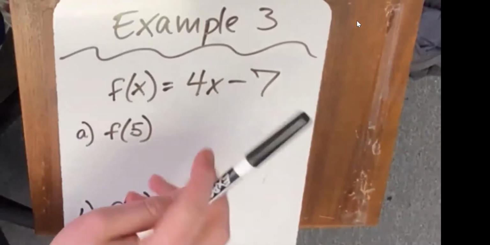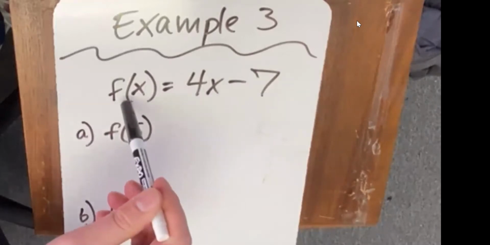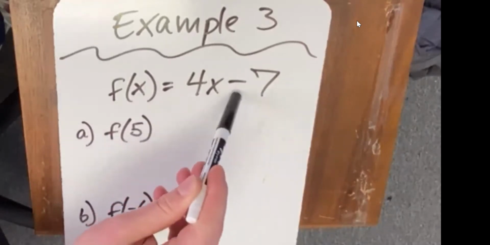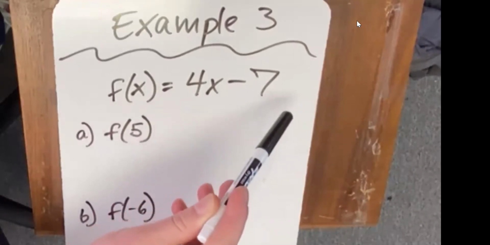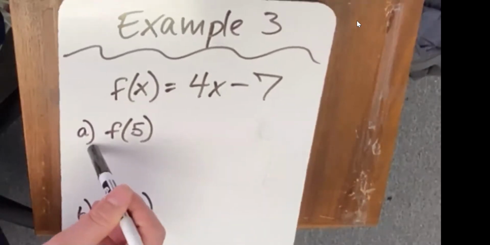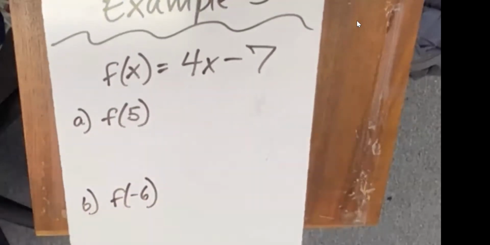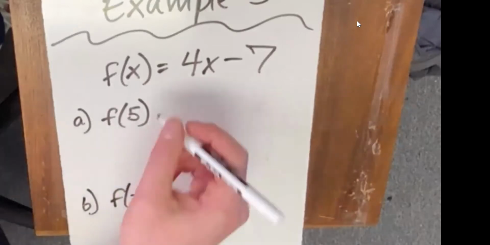It looks a little complicated, so our equation here is f of x equals 4x minus 7. All right, so for part A, we are going to do f of 5. That means we are replacing our x with 5.